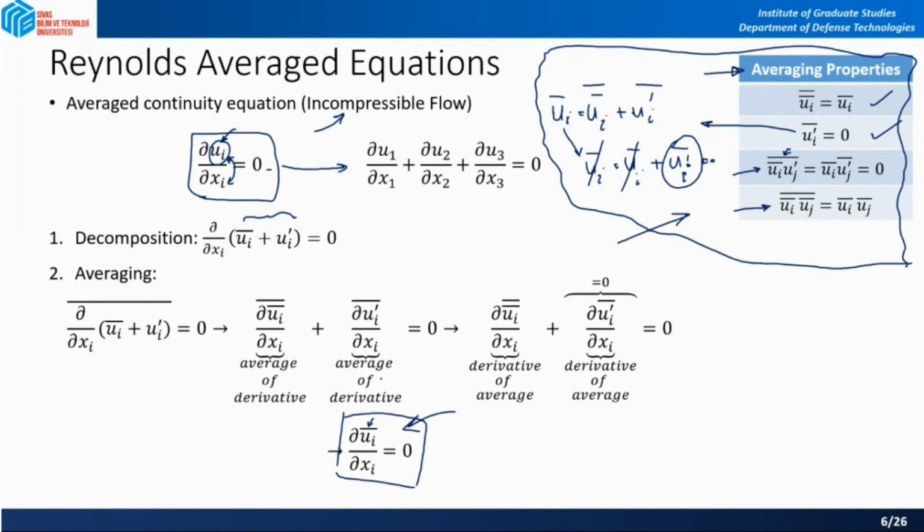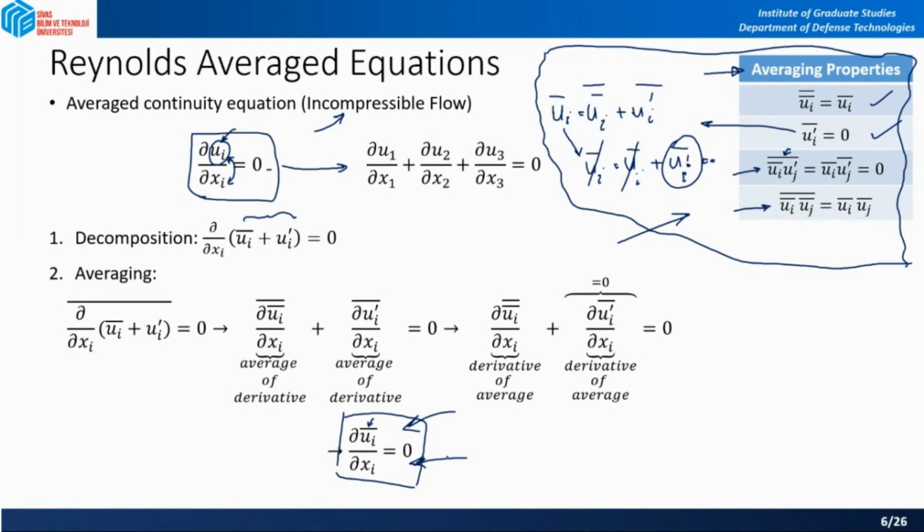Let's say I had solved this latter equation here with the mean momentum equation, and then I will get the mean velocity distribution, let's say around a wing or an airfoil or somewhere else. Not the instantaneous velocity distribution. I am again saying it.